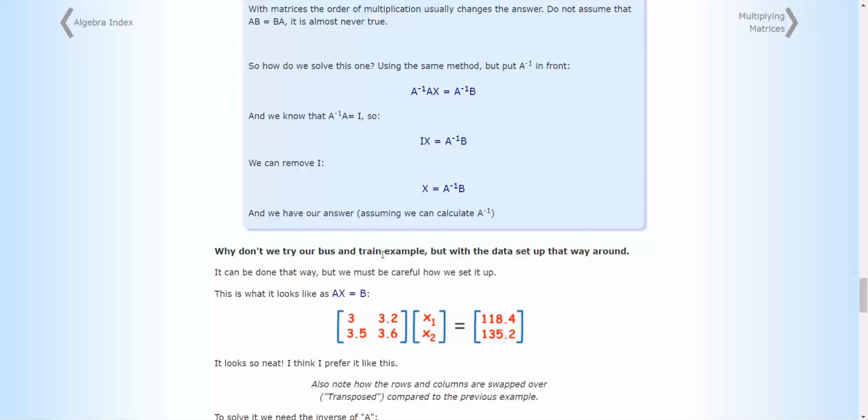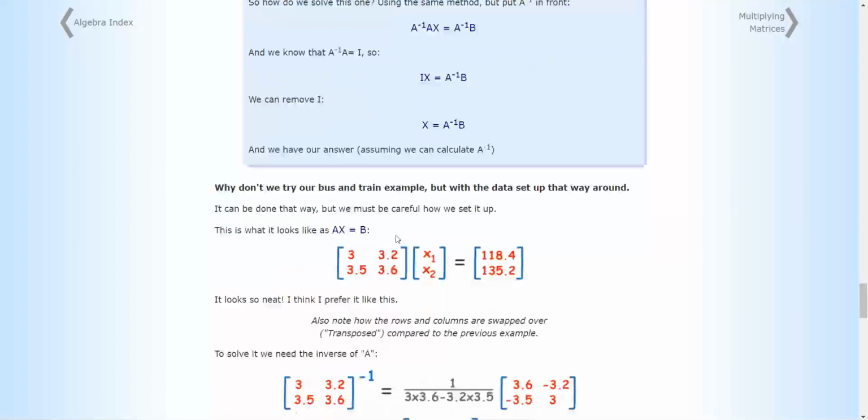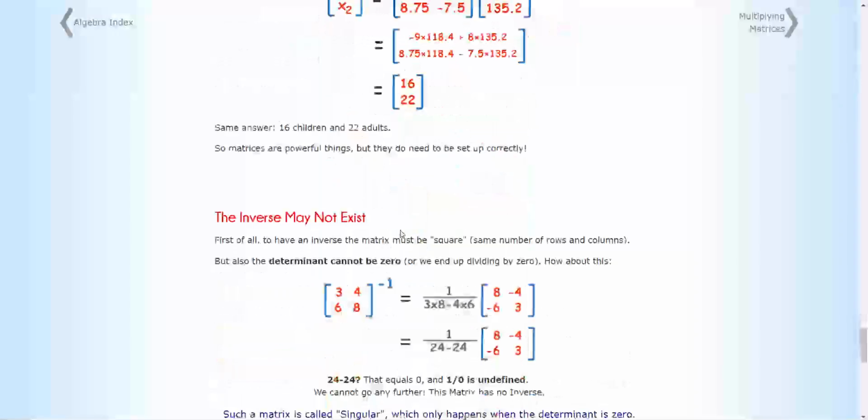Instead of a single column multiplied by this matrix, you'd have done it the other way around.